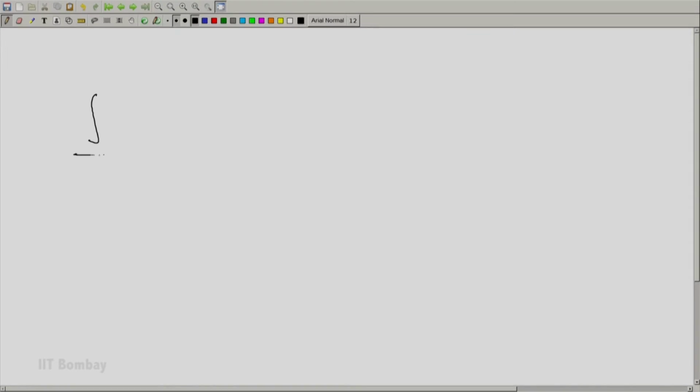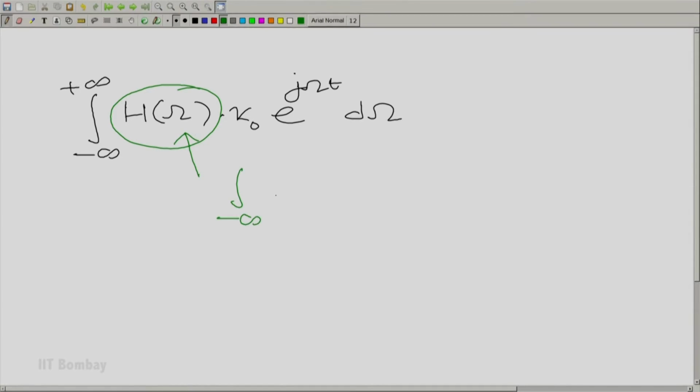Now, we have to start doing a little bit of hard work in terms of actually writing down the expression for H(omega) and then seeing what exactly needs to be done. So, let us substitute in this expression. We have summation, rather integral, minus to plus infinity H(omega) times kappa 0, we have allowed for a constant kappa 0, e^(j omega t) d omega. And we know that H(omega) itself can be written, I am writing that in green now, as integral from minus to plus infinity h.